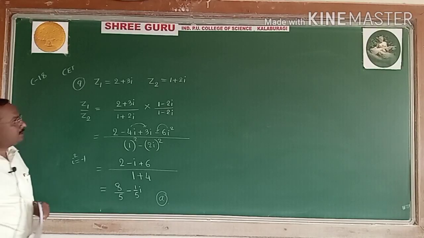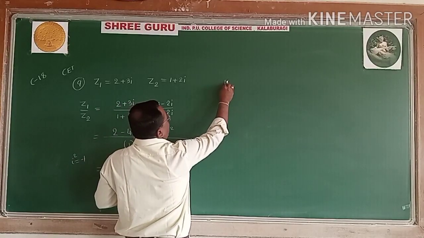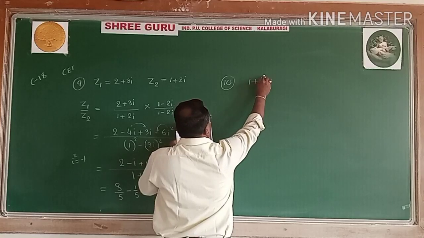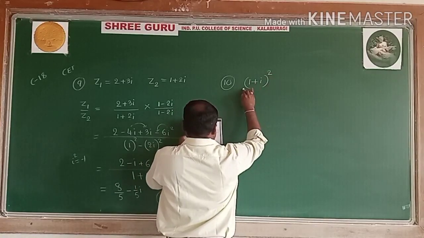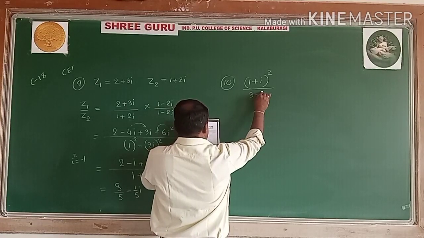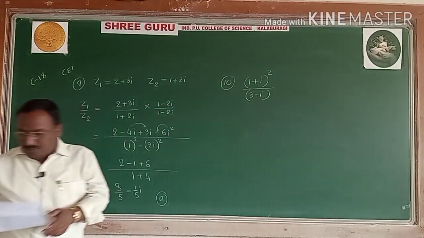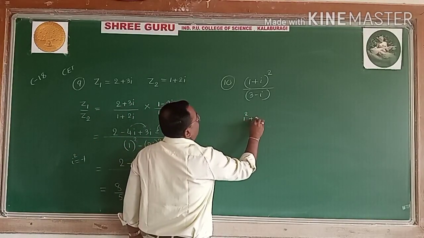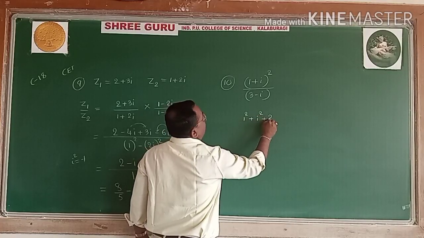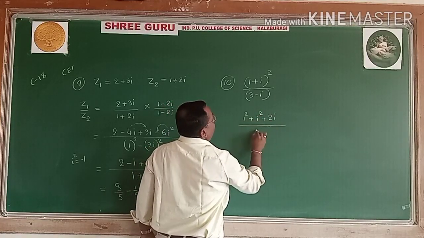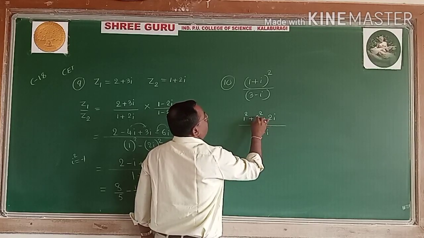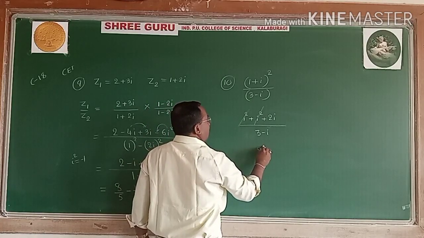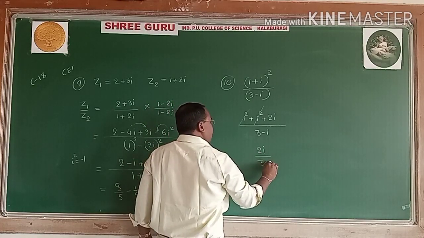Next, example number 10: 1 plus i whole square divided by 3 minus i. Real part of this: a square plus b square plus 2ab, divided by 3 minus i; i square value is minus 1, plus 1 minus 1 cancel, giving 2i divided by 3 minus i.